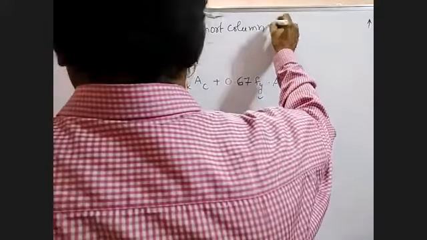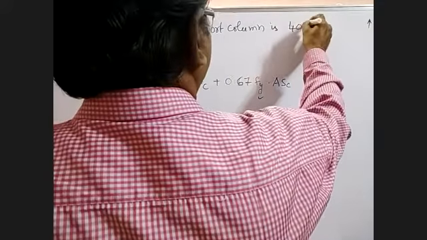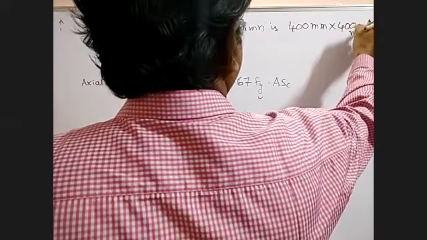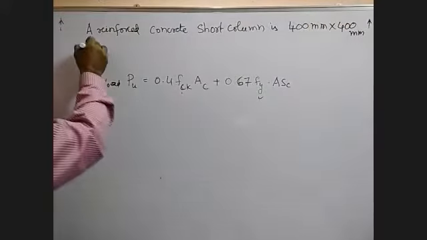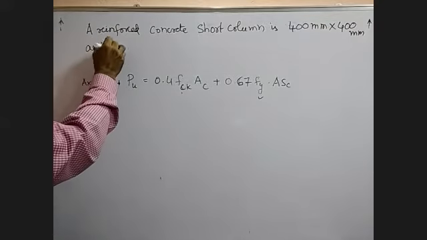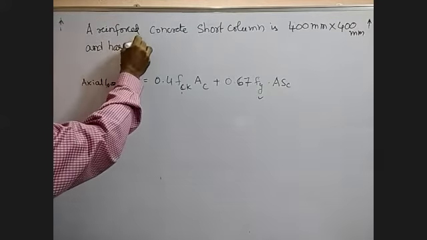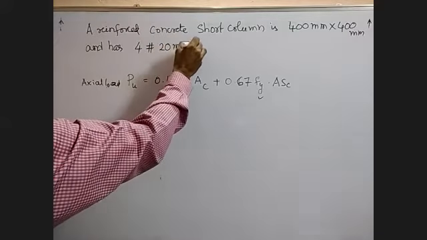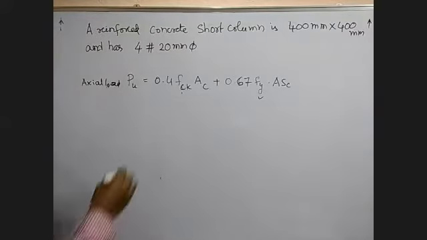And is 400 by 400 and has 4 bars of 20 mm dia. He has put 4 bars in the column.